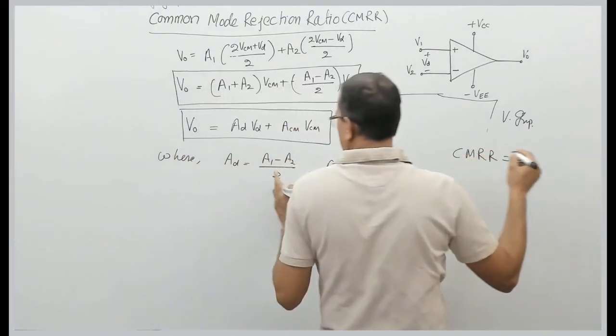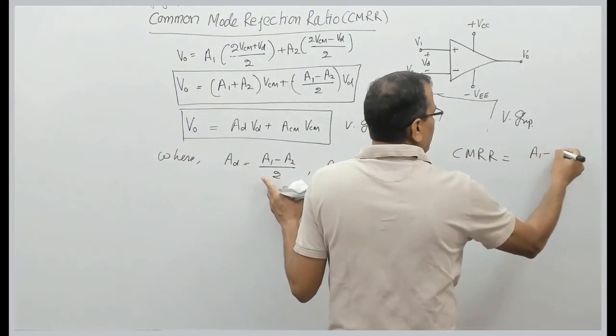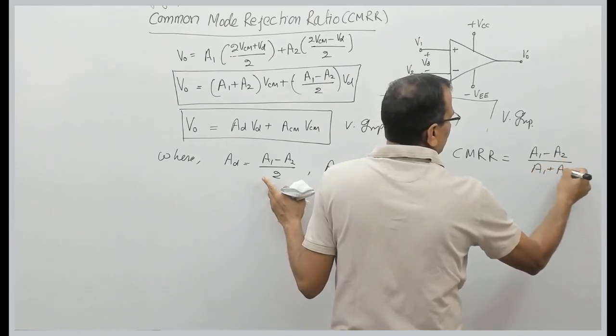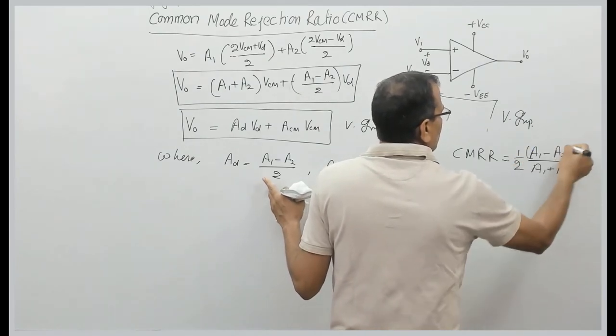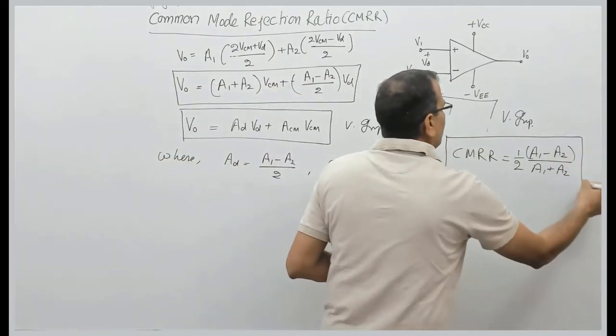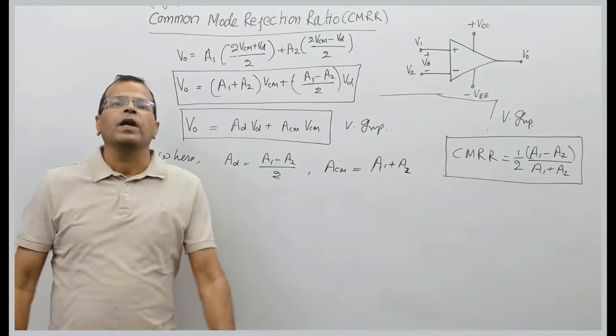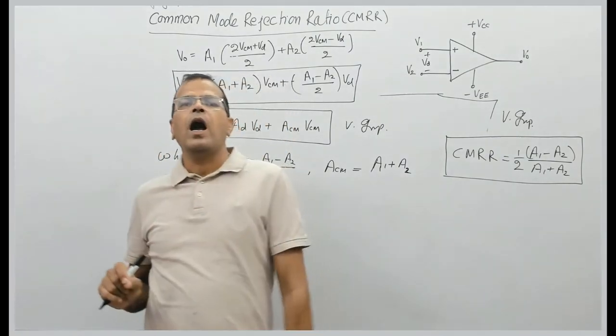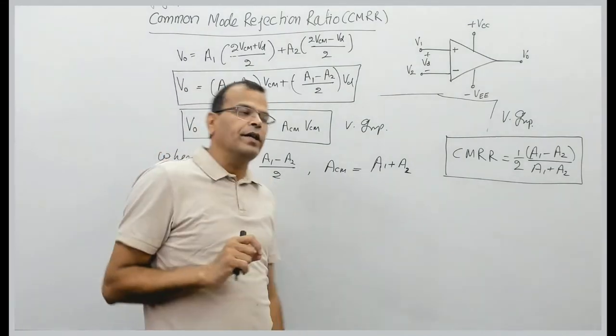So that is nothing but (A1 minus A2) divided by (A1 plus A2) into 1 by 2. So this is expression of common mode rejection ratio in terms of gain with respect to non-inverting terminal and gain with respect to inverting terminal.